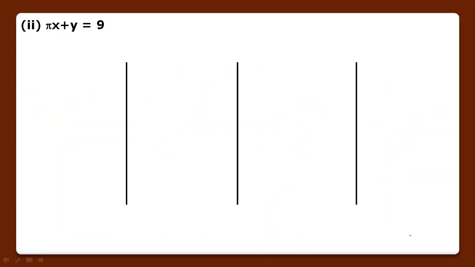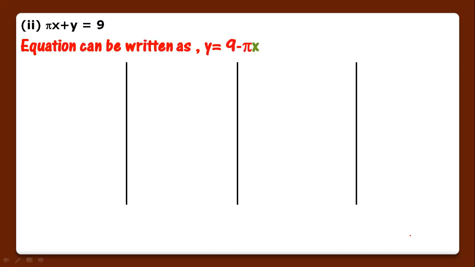Second part, pi x plus y equals 9. Again the equation can be written as, y को हमने अकेला छोड़ दिया, y equals 9 minus pi x. Putting x equals 0, we'll get y equals 9 minus pi into 0. Pi into 0 is 0, 9 minus 0 is 9, y equals 9.